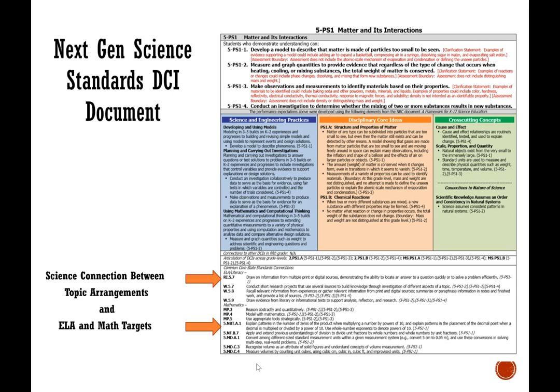So 5th grade physical science, matter and its interactions, weaves together, as you can see by the first orange arrow, reading for informational text. Remember that learning target? It also shows the math targets that go with this particular science unit, which includes numbers in base 10 and fractions and measurement and data.